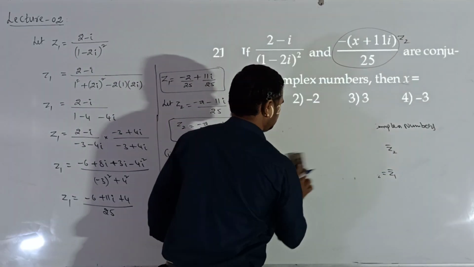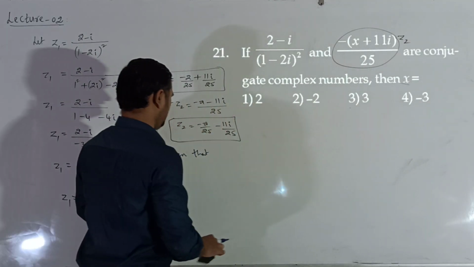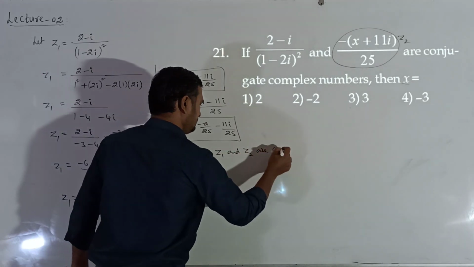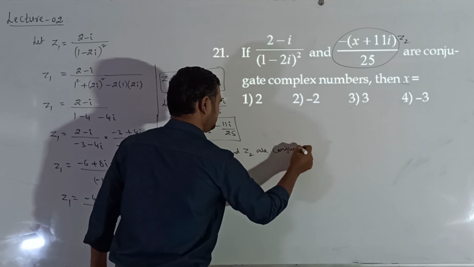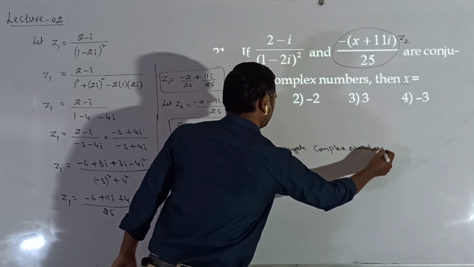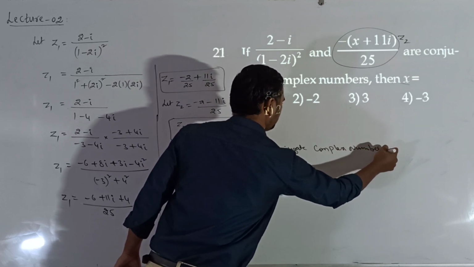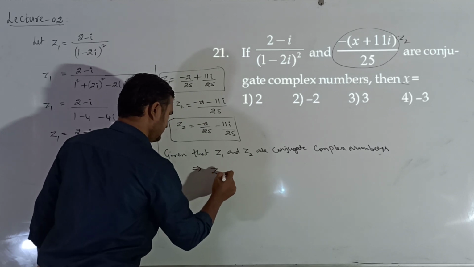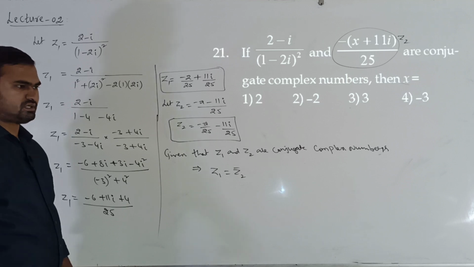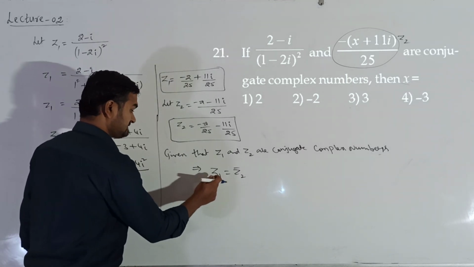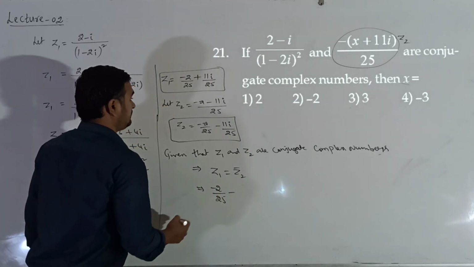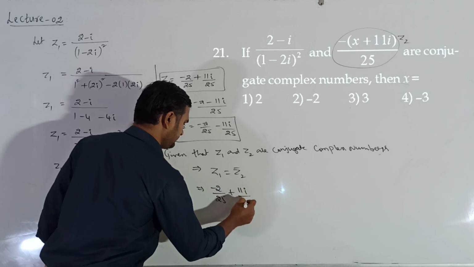So using this, given that z1 and z2 are conjugate complex numbers, it implies I can write z1 as z2 bar. Okay, we can write z1 equal to z2 bar or write z2 equal to z1 bar. What is z1? This complex number, minus 2 by 25 plus 11i by 25.